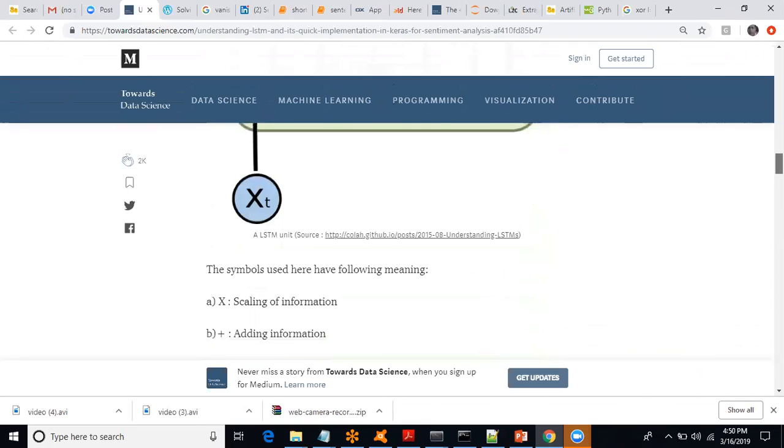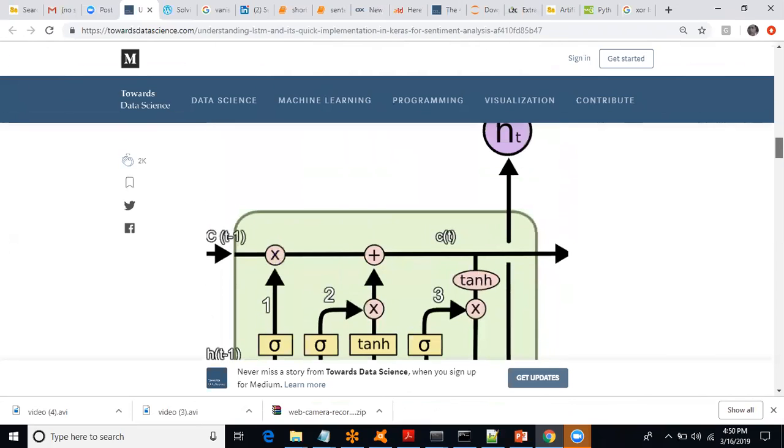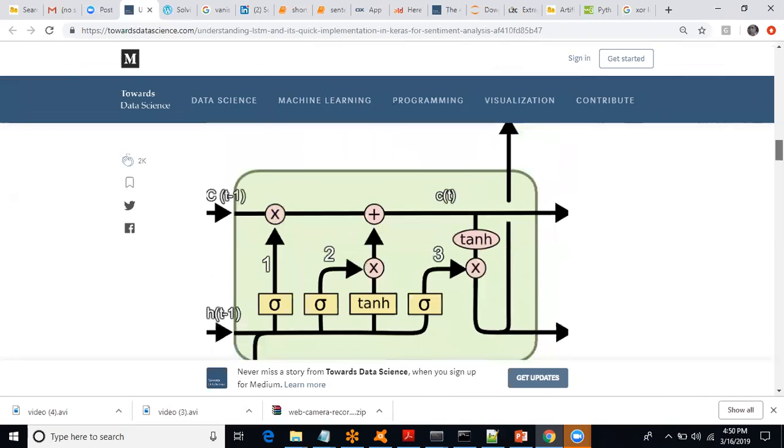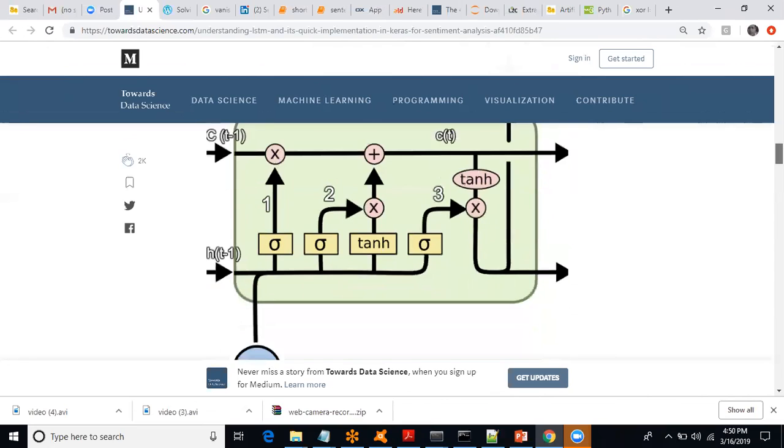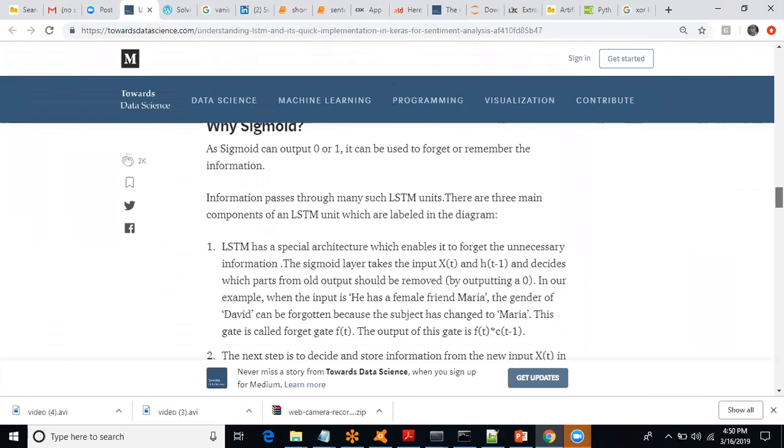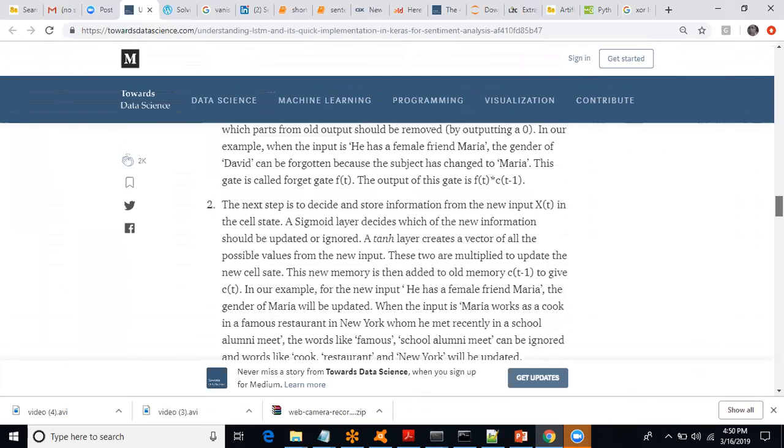H of t is nothing but the multiplication of the previous number with the current number, and that value is again added to x of t. After adding that, we again add h of t minus 1.